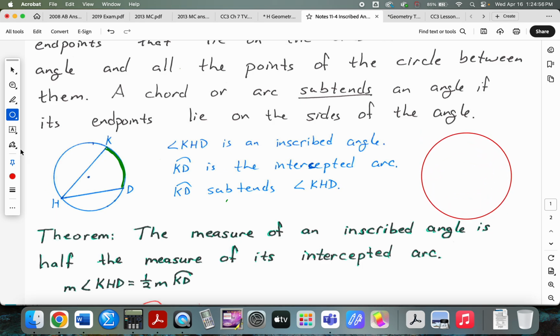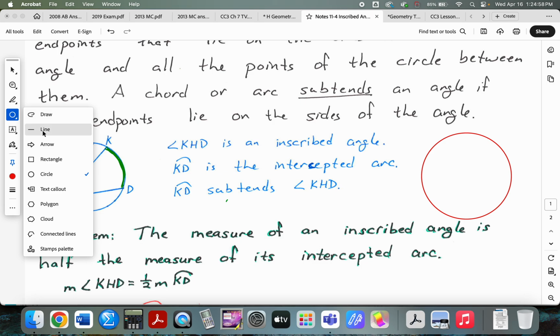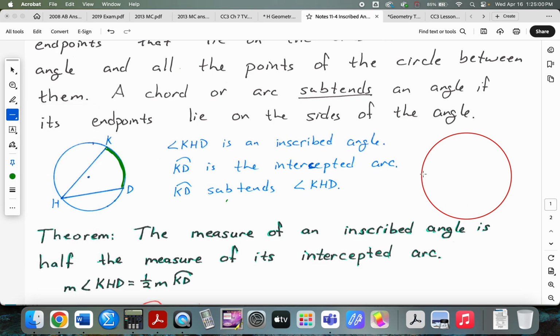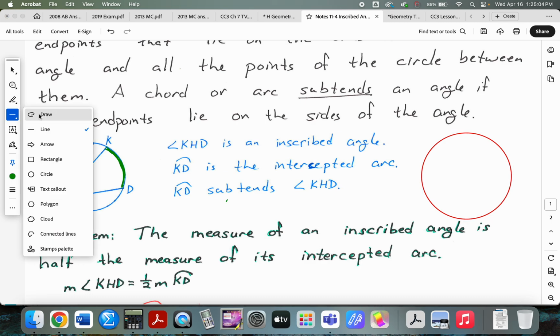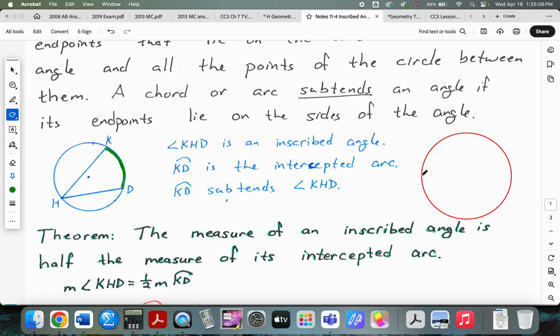So if I start with the circle, and to make it the easiest possible, I'm going to draw in a diameter. And I'm going to draw in this central angle right here. And then I'm going to have an inscribed angle like this.